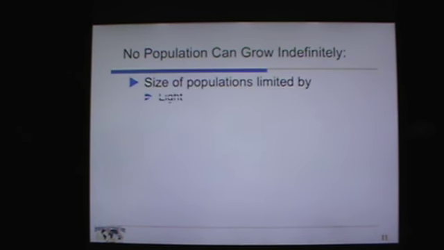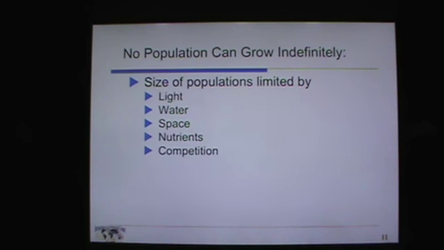The size of populations is limited by some examples: light, certainly for plants, and water for almost all organisms. Space may not seem important, but for some plants you can't get a big tree unless you have enough space for it. Nutrients limit growth of all organisms. Competition: what is out competing for the nutrients and the space and the water and the light?